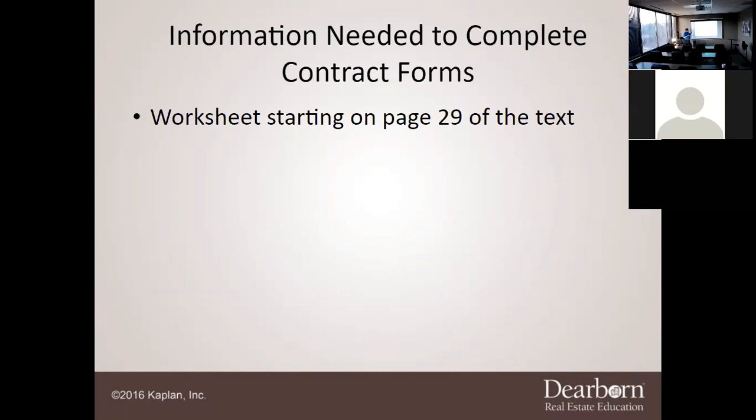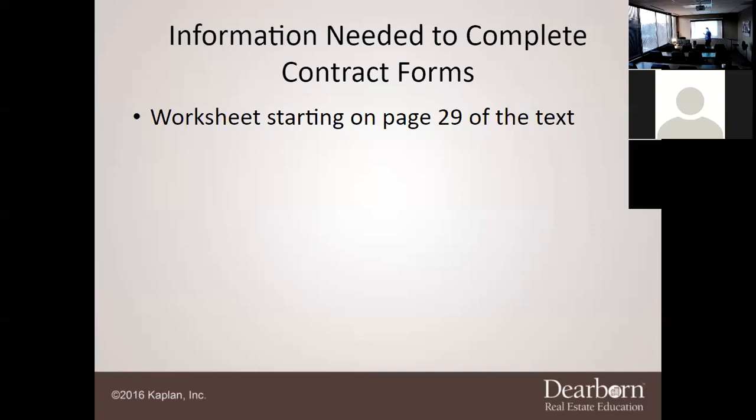So, our first item here is the information needed to complete your contract forms. Now, within the workbook, there is a worksheet on page 29 of that text. We're not going to worry so much about this particular worksheet, simply because the worksheet is going to change by your broker.